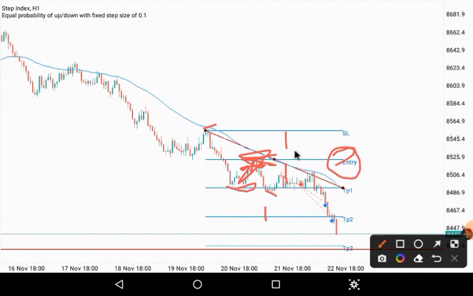And above the 50% is what we call the premium price, while below the 50% level is called the discount price.